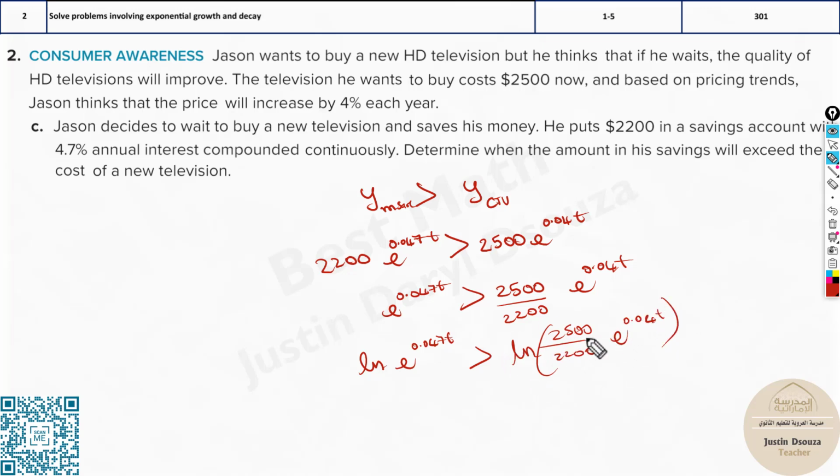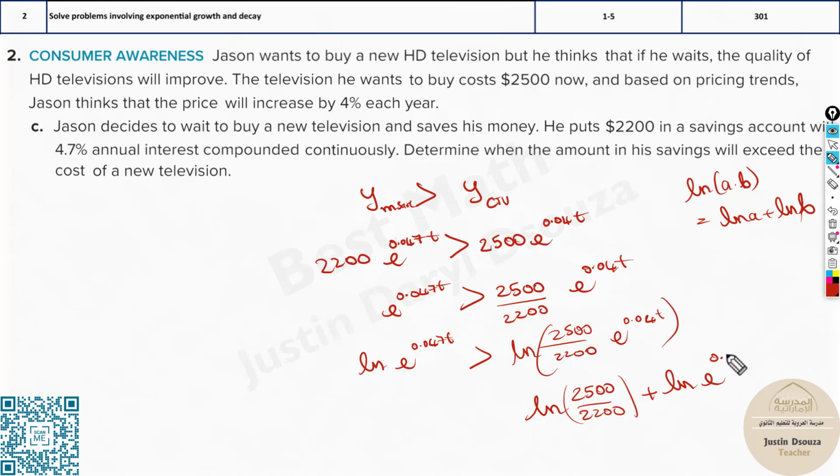Because of the properties of natural logarithm, when you have 2 terms a and b, ln of a multiplied by b is equal to ln a plus ln b. So here we have this 2,500 over 2,200 as one term, plus ln e to the power 0.04t.